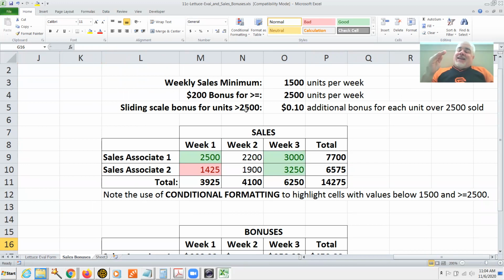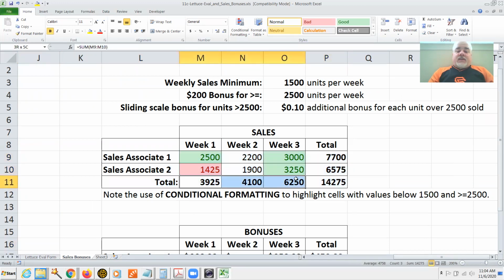So there's an incentive to, once you hit 25, yay, I made my 200 bucks. But I want to do 2,600, 2,700, 2,800, because every 100 I sell is going to be an extra 10 bucks in my pocket. 10 cents per unit. So this is no different.